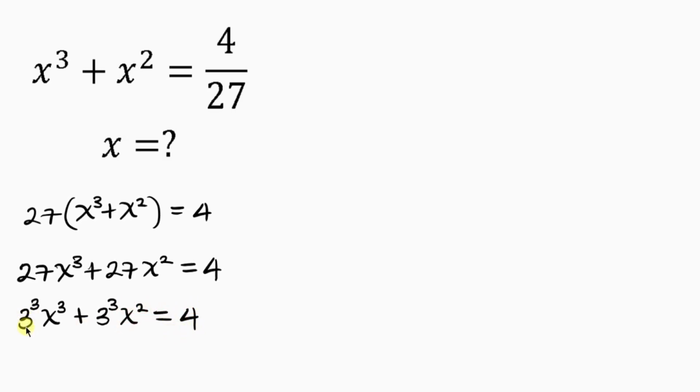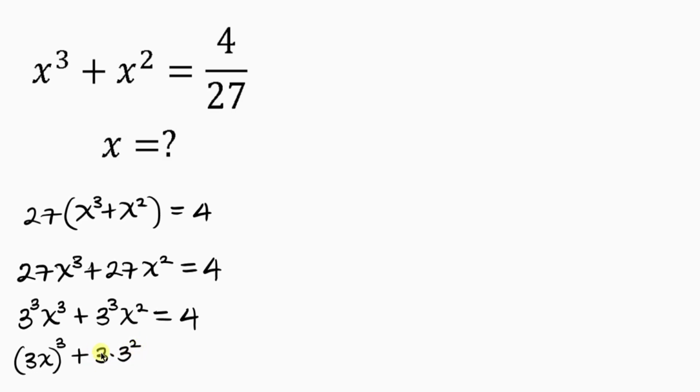Now since 3 and x are having the same power, we can go ahead and group them together. So we have 3x raised to the power of 3 plus, now I'm going to be simplifying this 3 to the power 3 such that it has a power of 2, just like this x here. So this 3 to the power 3 can be written from indices as 3 times 3 to the power of 2.